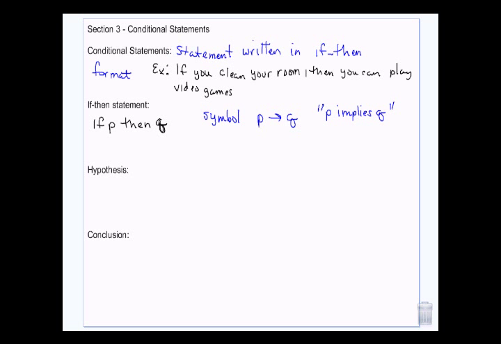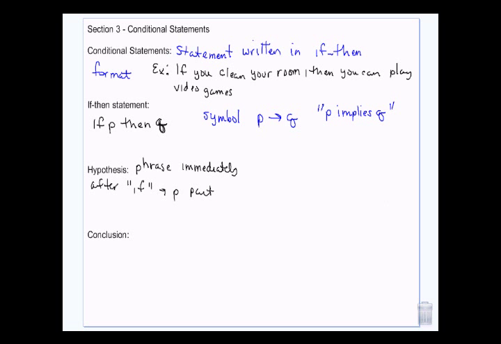Okay, the hypothesis is the phrase after if. Whoops, phrase is R-A, not H. This is the P part.